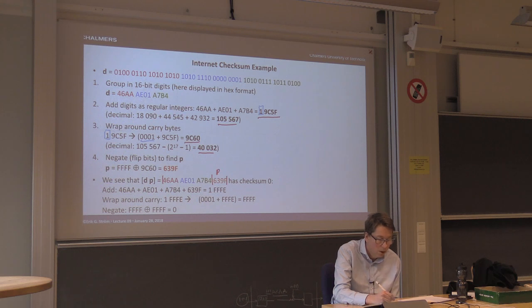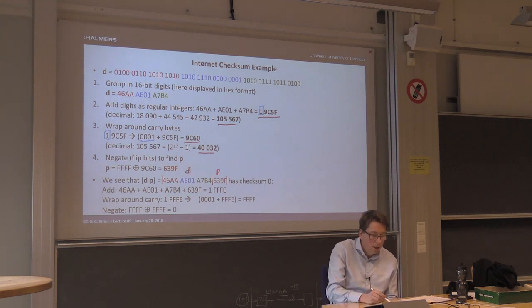So P and D. And if we want to calculate the internet checksum of this, we go through the same procedure. That is, we add the first 16-bit integer to the second, to the third, to the fourth. So we do that, and then we get 1FFFE.